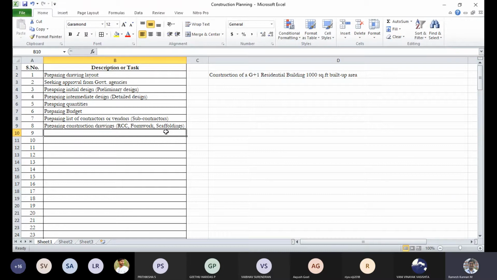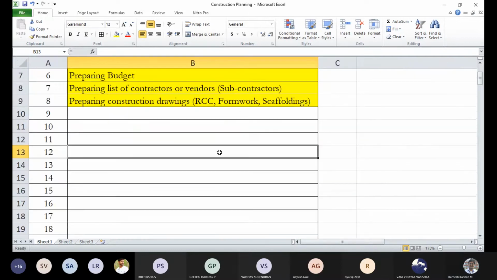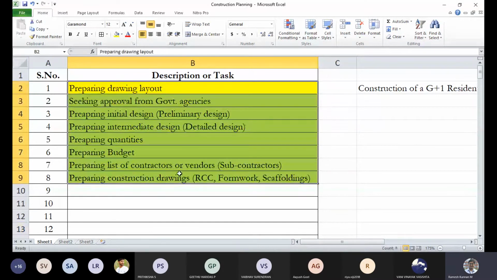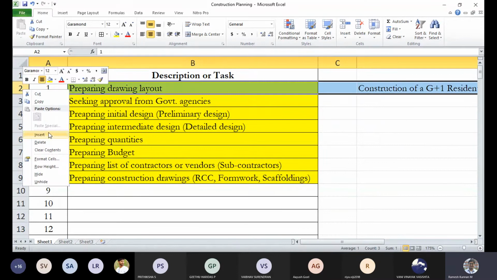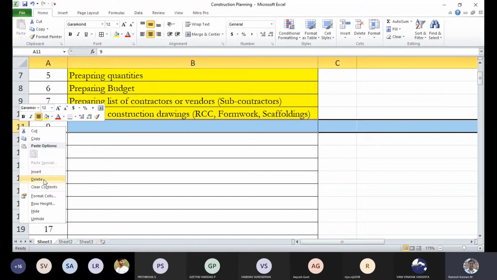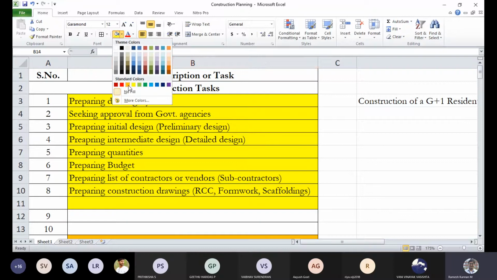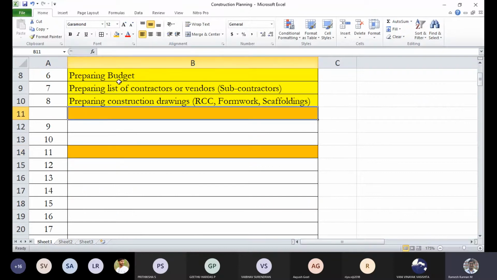Then that's it. So these are some of the things that are generally done before construction. So we can even call this pre-construction tasks.